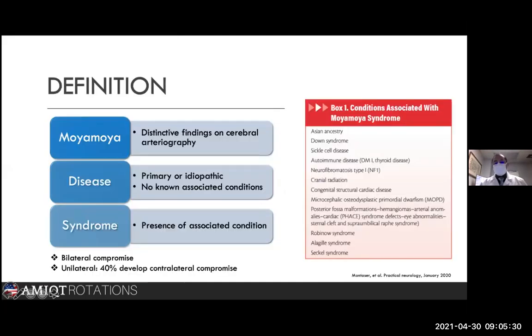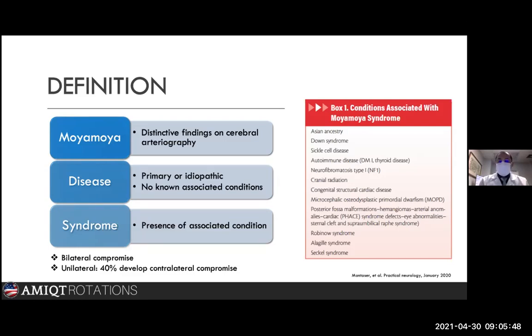Now, to speak about Moyamoya, we need to define three key concepts. The first one is that Moyamoya alone only refers to the distinctive or characteristic findings of this condition in an arteriography.